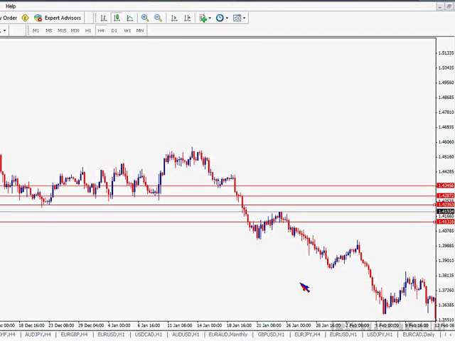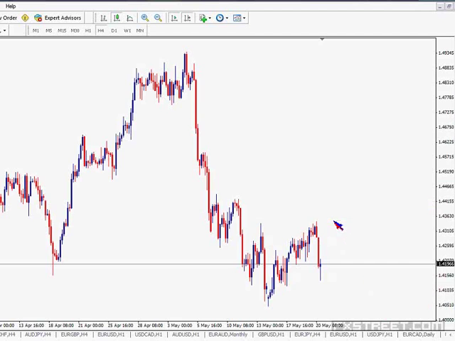In pairs like pound crosses, you would prefer to set longer support and resistance areas, as well as when you calculate those areas of probable target zones, you need to add the spread.